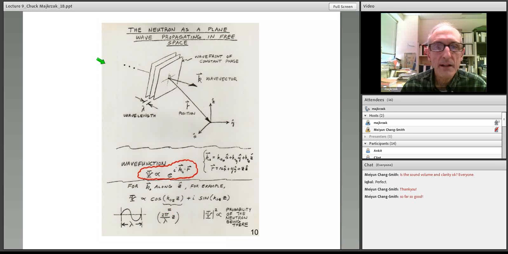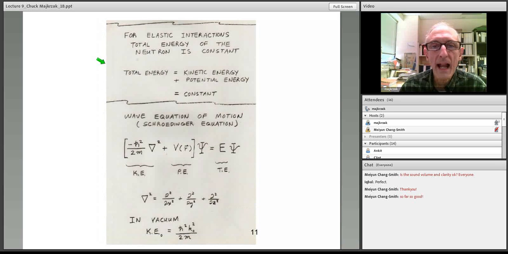And if we ask, how do we treat what happens, we treat the neutron as a wave obeying the Schrödinger wave equation of motion, then it boils down to solving what happens in the reflection process, equating the energy before and after. So we have a conservation of energy that's represented by kinetic energy, potential energy, and total energy terms in the Schrödinger equation, as you may be familiar with already.